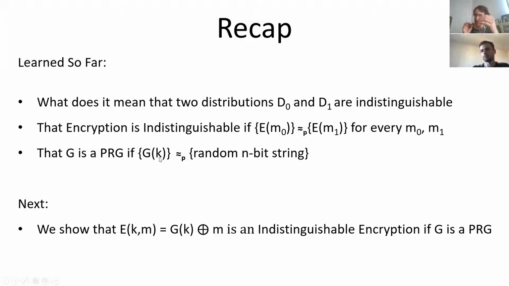It has the property that if you look at the distribution of outputs of this PRG, where the distribution goes over a random seed, then these outputs are indistinguishable from random strings to every efficient algorithm.